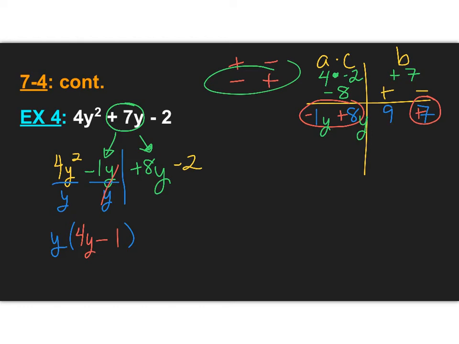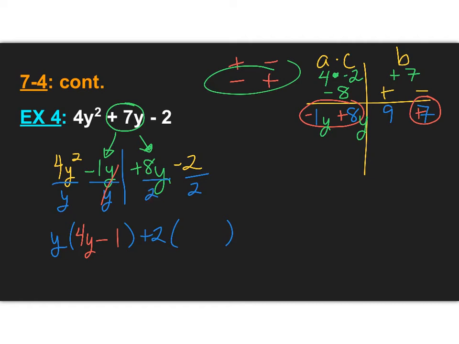Then look at the second set. 8 and 2 have a 2 in common. They do not both have a y, so we're not factoring a y out. And this term right here is not negative, so we don't factor a negative out. It's positive, that's what we want. So we are going to put that plus 2, because it's positive, out in front of parentheses and do our division.